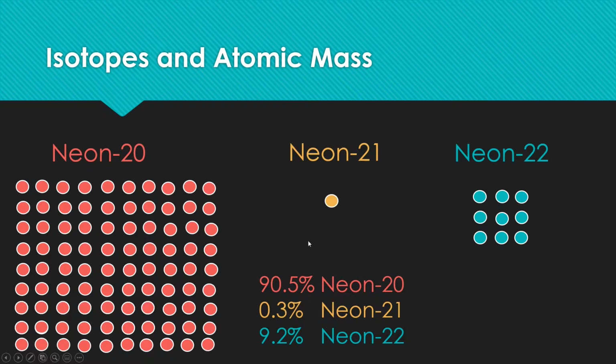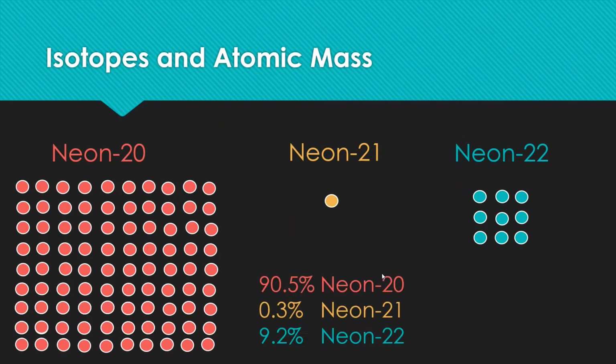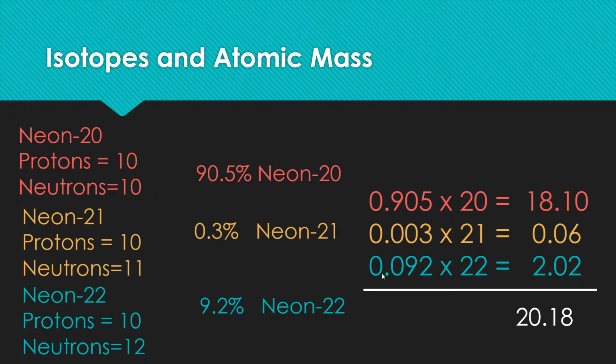And then the rest is neon 22, with 10 protons and 12 neutrons, which makes up 9.2% of all neon. Using the addition method that you know, that's going to take forever. Billions upon billions of atoms and having to add 20 plus 20 plus 20 over and over again. It's not very efficient.